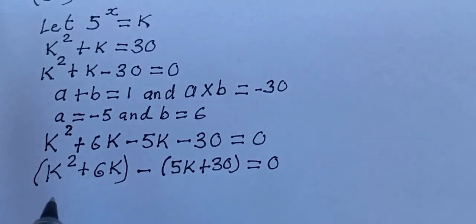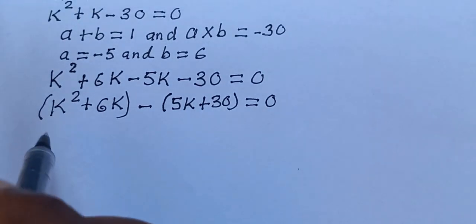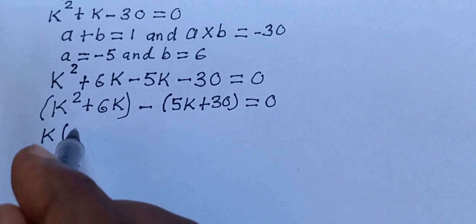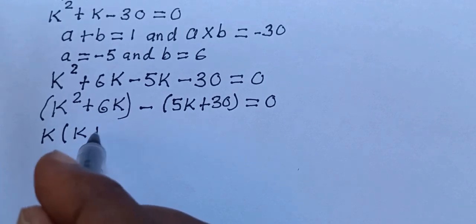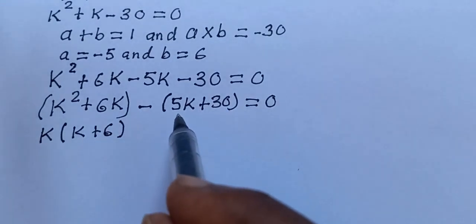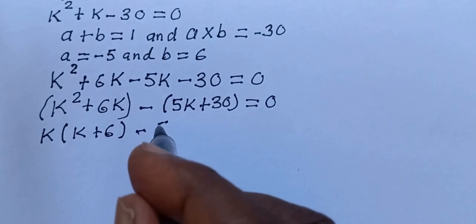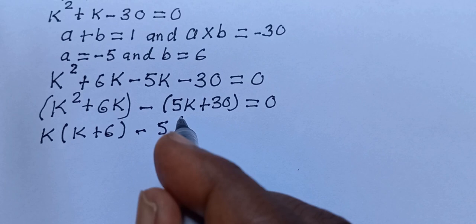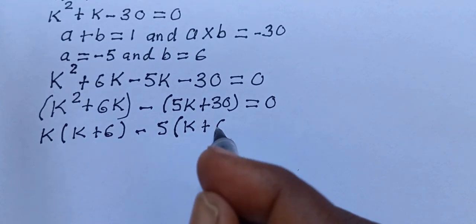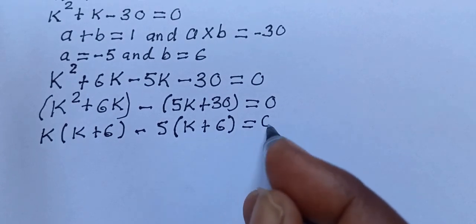So here, factor out k. We have k in the bracket, k plus 6. Here, the common factor is 5. So factor out 5. So we have 5 in the bracket, k plus 6 in the bracket equals 0.